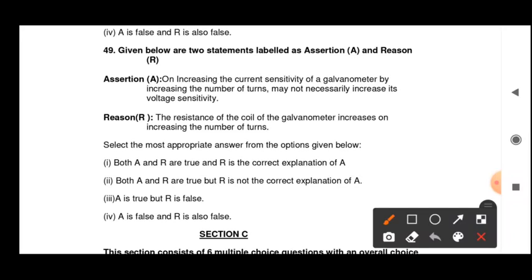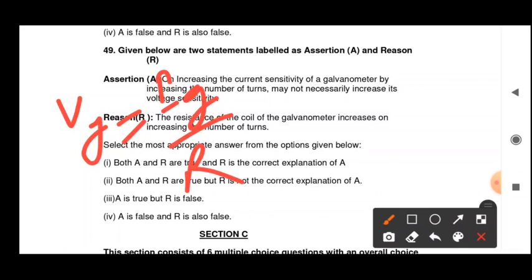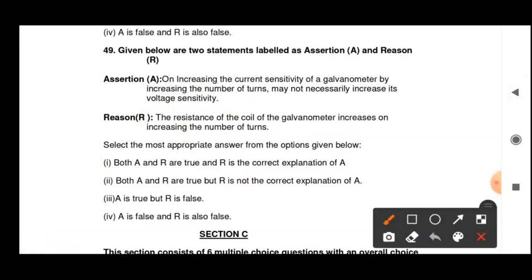Yes, as voltage sensitivity is given by current sensitivity divided by R. When we increase current sensitivity by increasing the number of turns, resistance also increases, so current sensitivity does not necessarily imply that voltage sensitivity will also increase. So both assertion and reason are true, and R is the correct explanation of A also.